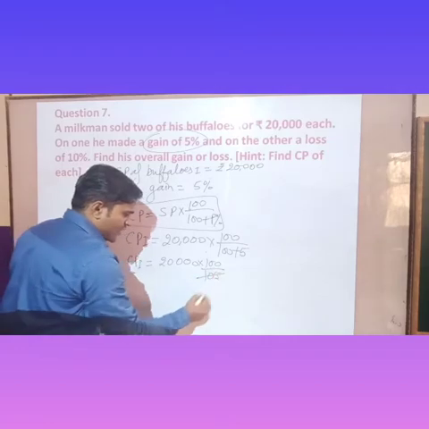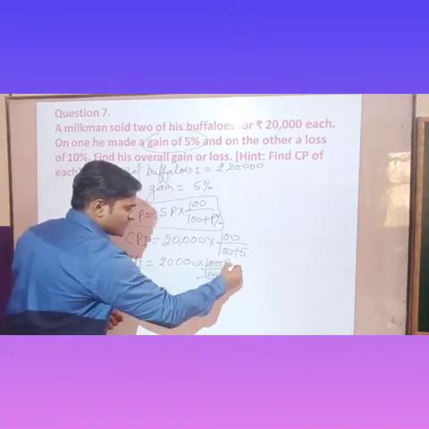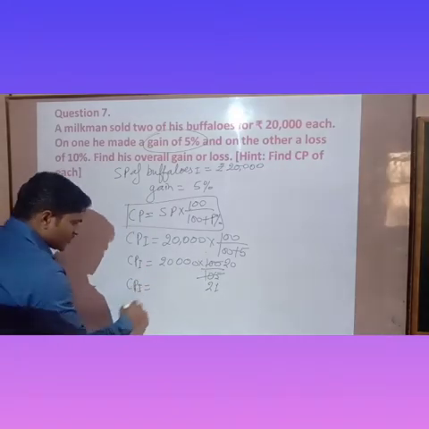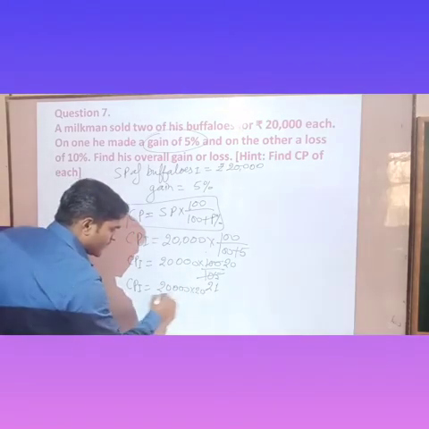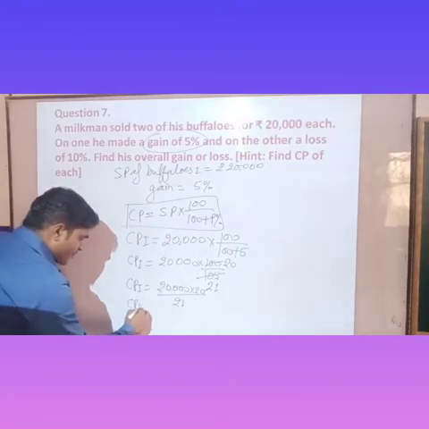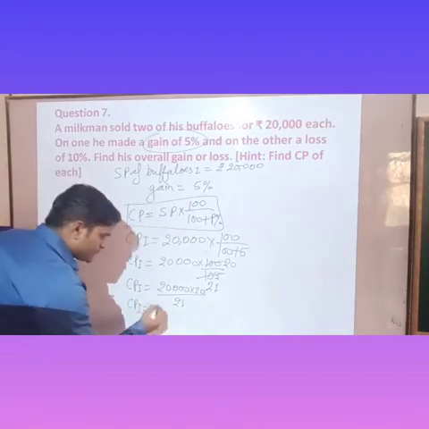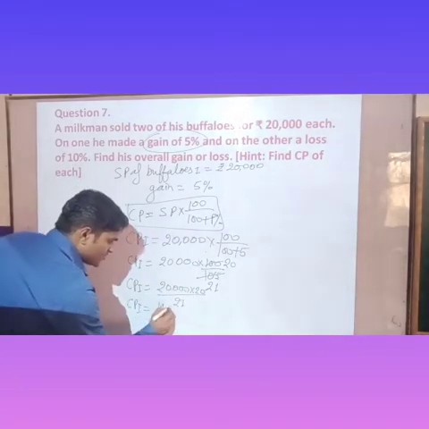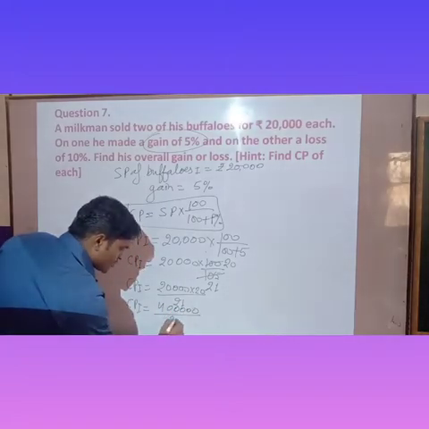Now we will solve it. This is divisible by 5, and this is also divisible by 5. Now we get CP1 is equal to 20,000 multiplied by 20 upon 21. When we multiply 20,000 by 20, it becomes 4 lakh, upon 21.